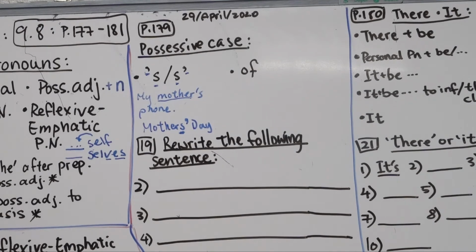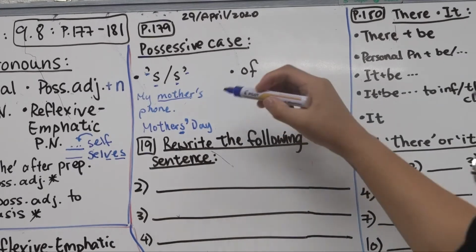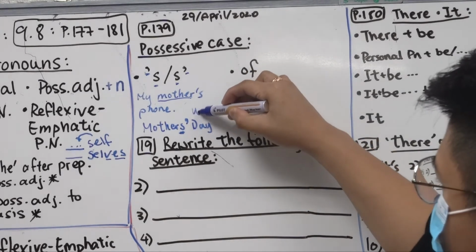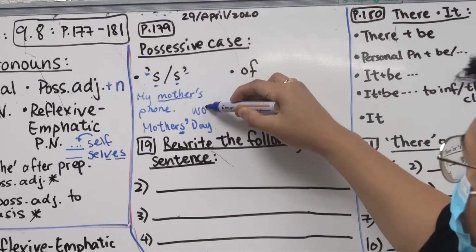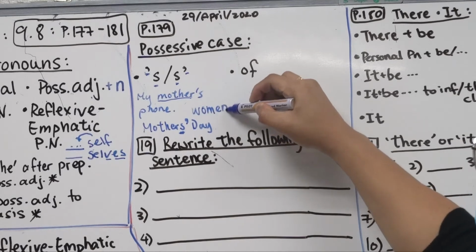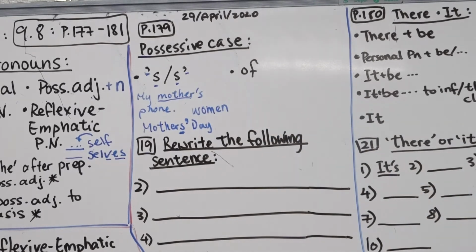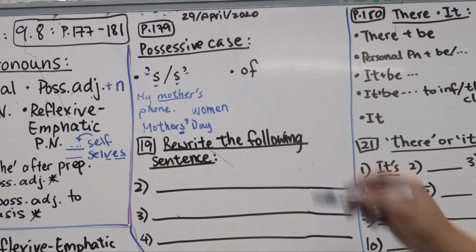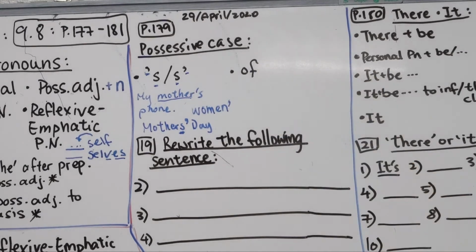More than one. Then we also have the irregular plural noun not ending in S, okay? So if it's not ending in S, for example, women, W-O-M-E-N, right? If we're following the case of Mother's Day, then we should just put an apostrophe, right? Woman Day.